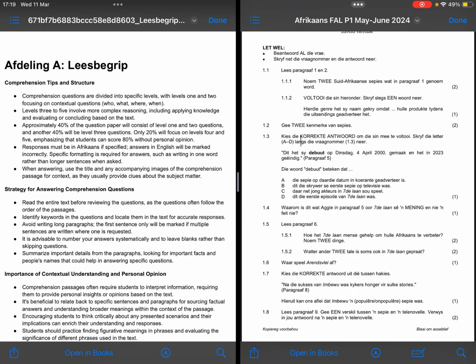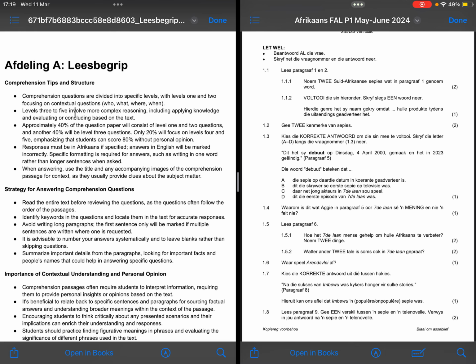Again, we're asking wat. Here is another one, waarom is dit wat Aggie in paragraaf 5 oor 7de laan sê? Waarom, hoekom, why? Again here, watter, who. So these are all questions to see whether you have understood the text, the basic language that the text has been using.